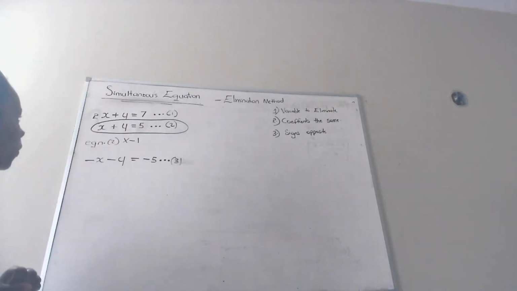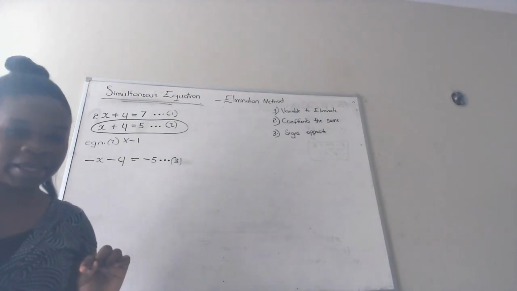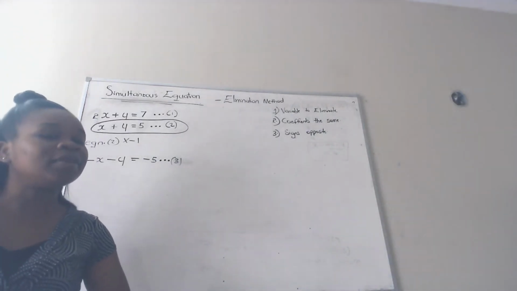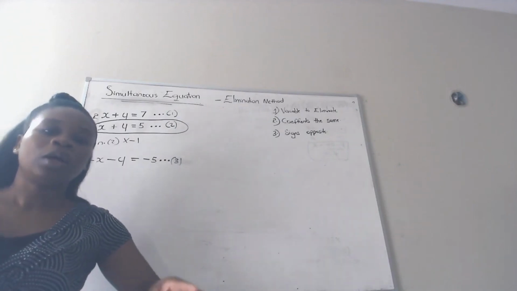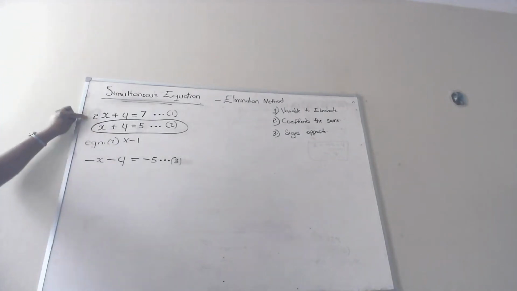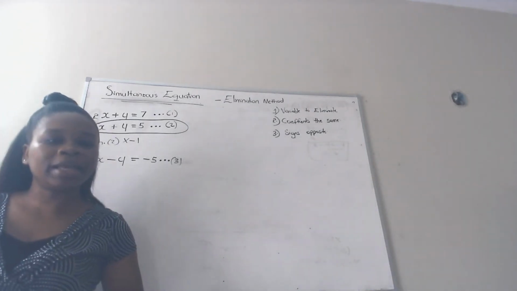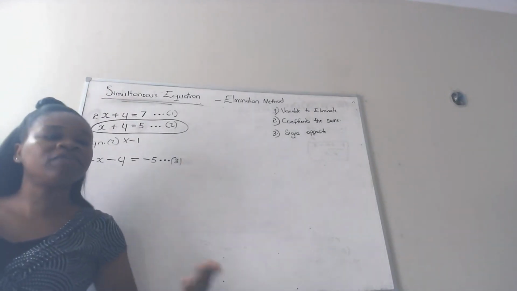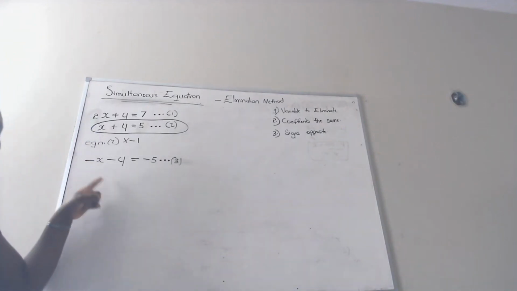Okay, so I have 2x here and I have minus x. Remember, I said earlier that it's the coefficients, the numbers that are in front of the variable, that are doing the work. So I have a 2 here and a minus 1 here. Say I have 2 of something, 2 bananas, and I owe 1.